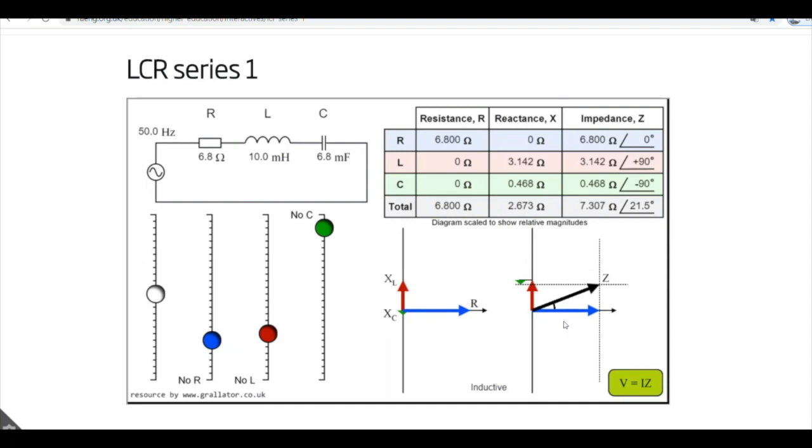You have to pay special attention to this diagram. Resistance and reactance are plotted as vectors on a phasor diagram. The resistance is plotted along the x-axis, parallel with the current, to show that there is no phase difference between the current and the voltage in a purely resistive circuit.